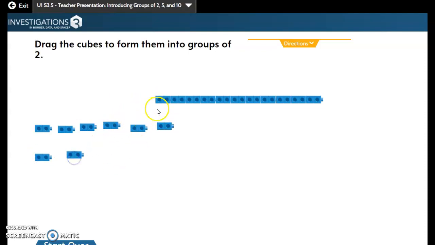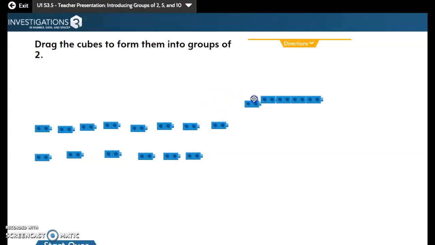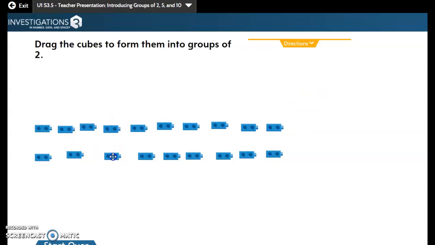I'm putting 2 cubes in each group, and I want to keep my groups organized. That way they're easier to count when I go back through, and I know I haven't double counted something. I've organized them here, and now I'm going to count.